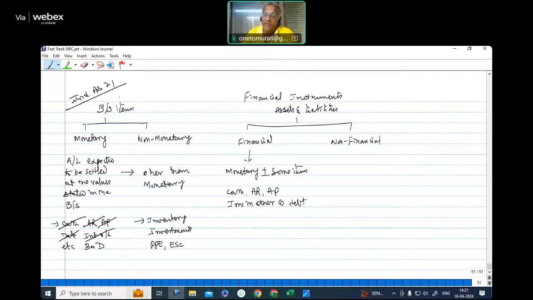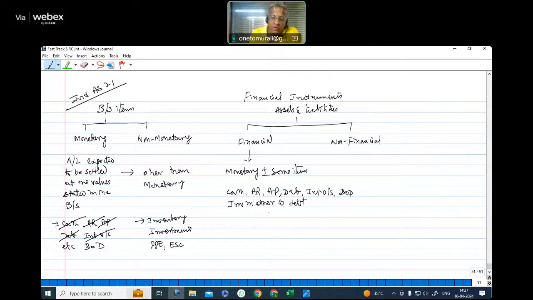So financial items, that is financial assets and liabilities, are items of which the majority you derive from monetary, but there are some items that we are going to take up as non-monetary also under financial. What are those? Cash, accounts receivable, accounts payable, debenture, interest outstanding, bank overdraft.